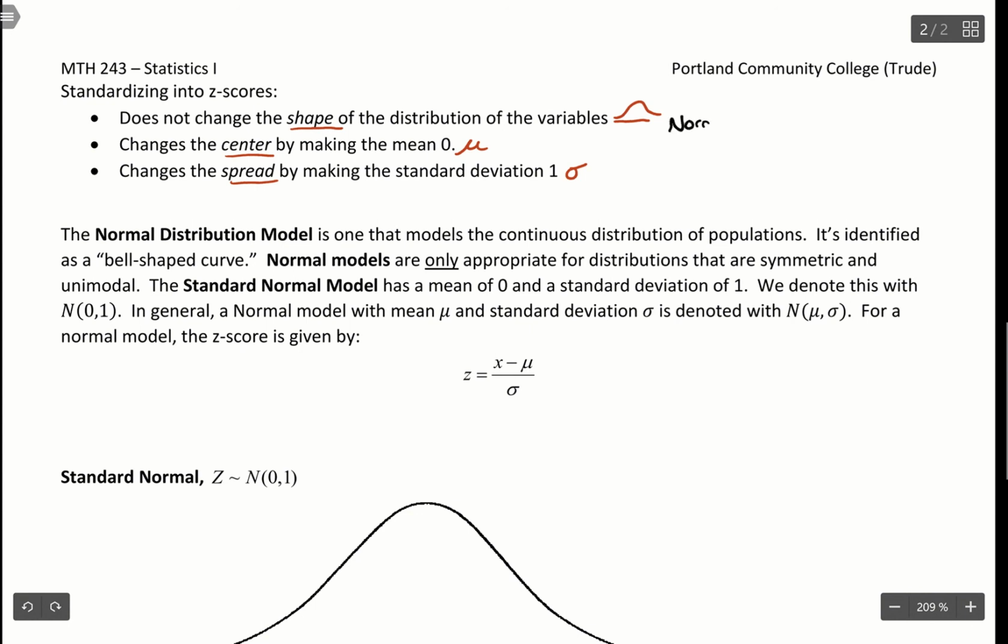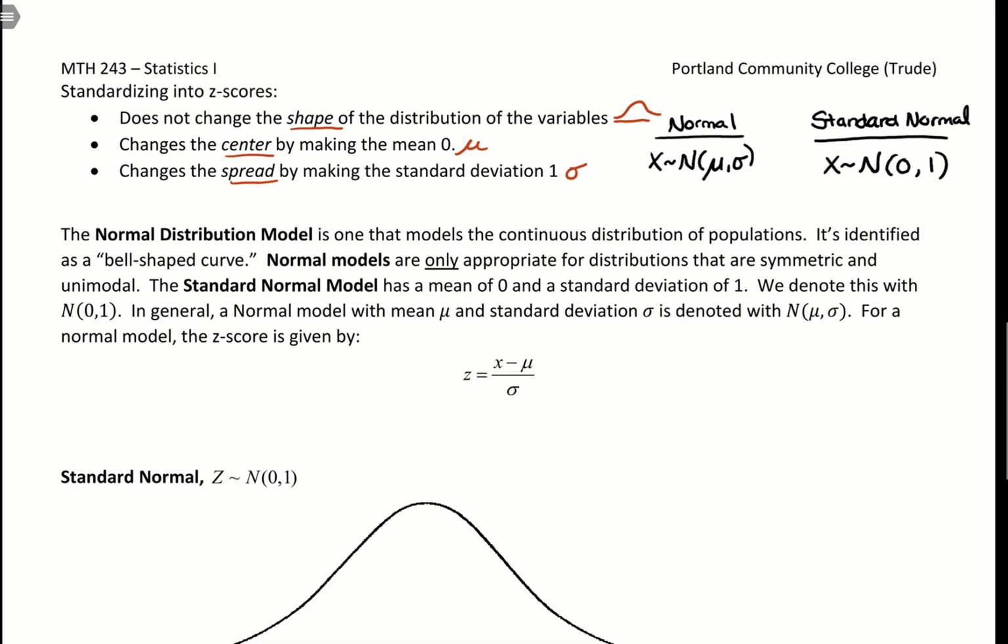If they just say it's a normal curve, then that's where your mean and standard deviation could be anything. But if they use the word standard normal, that automatically makes it so that you're working with mean of 0, standard deviation of 1. So just by adding that standard word, it sets your mean and standard deviation.